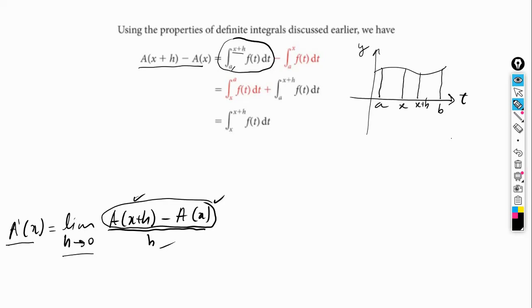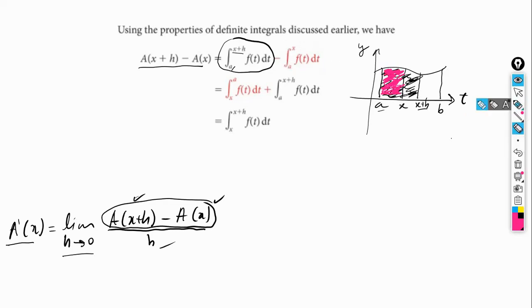So that first integral represents all of this area here, all this area under the curve between a and x plus h, minus A of x, and we said that A of x would be the area under the curve between a and x. So I'm going to mark it in red here, and it's going to be this part of the area here. Okay, so if we do some rearranging, notice that we can rewrite this here. I'm going to erase so you can see a little bit better.